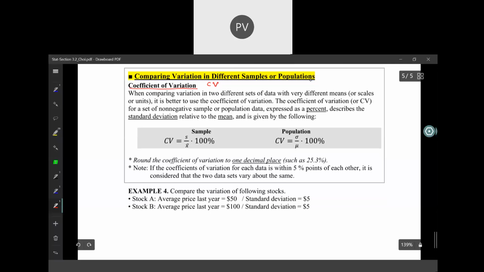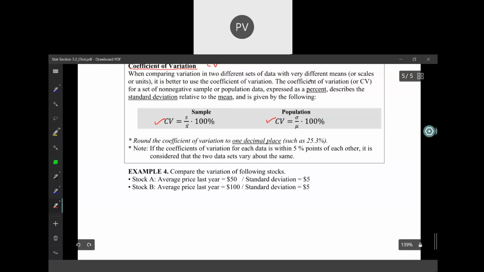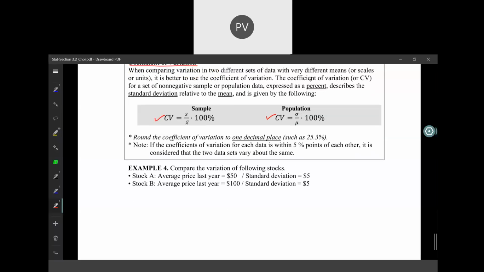The formula to compute coefficient of variation is given by this for a sample and this for a population. Again, do not round this off to an integer. You can round it to one decimal place, but it must have at least one decimal place.